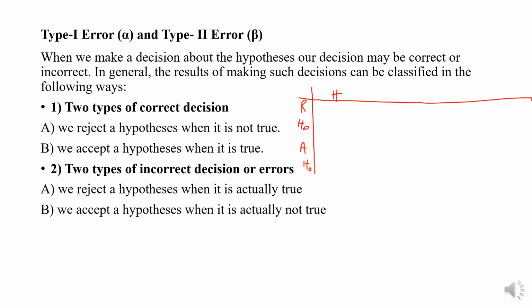When H naught is true and when H naught is not true, we present it with n. When H naught is not true, when H naught is true, so the wrong decision and the correct decision.